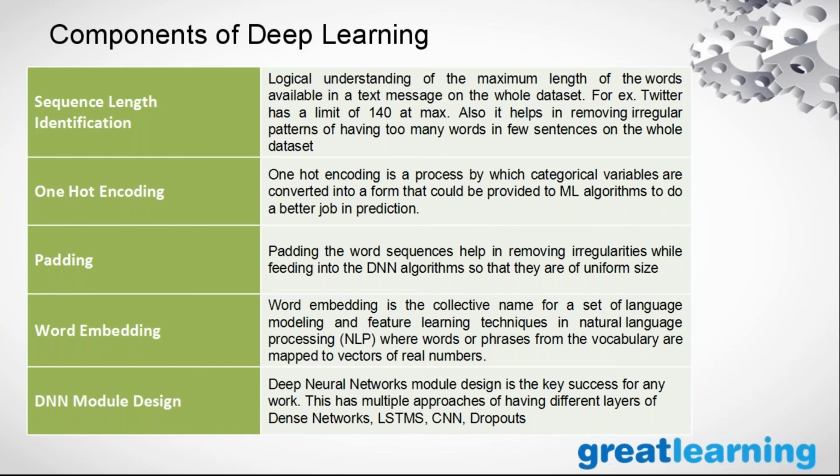Now let's start with sequence length identification. Let's say you have 5 different Twitter texts, and in any case Twitter doesn't allow more than 140 characters. If you have some document which has varying lengths of text, obviously a prediction model or a deep learning network will want a standard matrix shape, right?